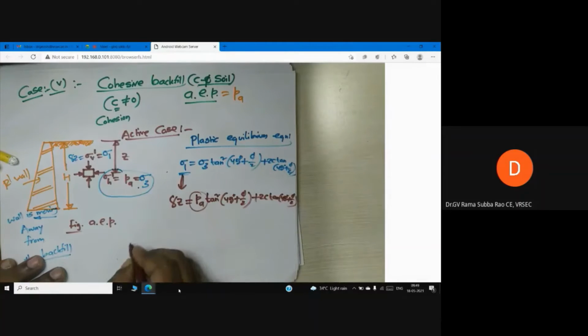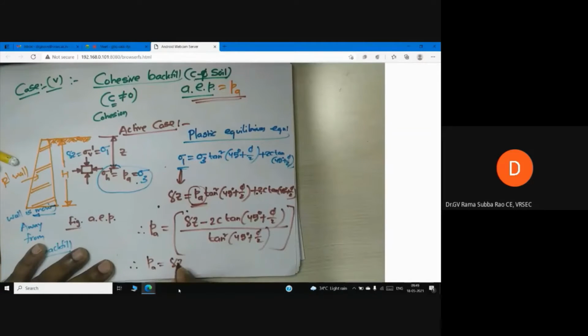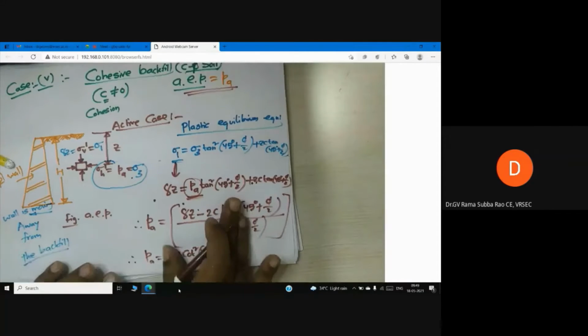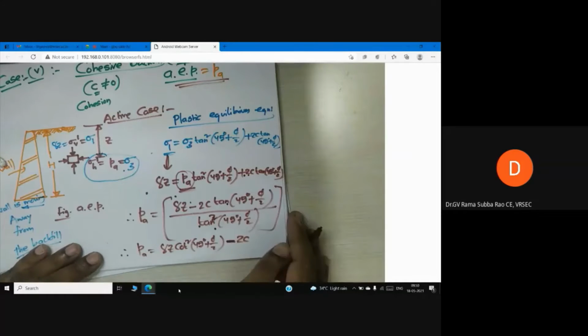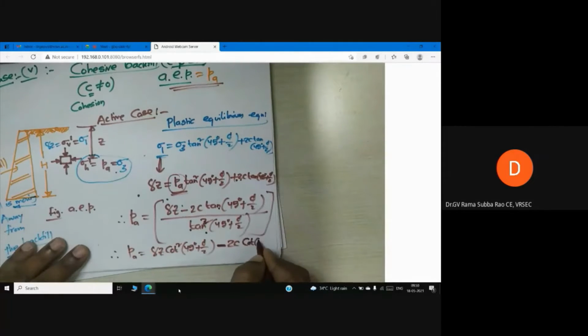Now how to calculate PA? 1 by tan square, you know that 1 by tan square is cot square (45 plus phi/2), minus 2c. Now again, you can ask me, sir, what is this tan by tan square? I will get 1 by tan. So 1 by tan is undoubtedly cot (45 plus phi/2).